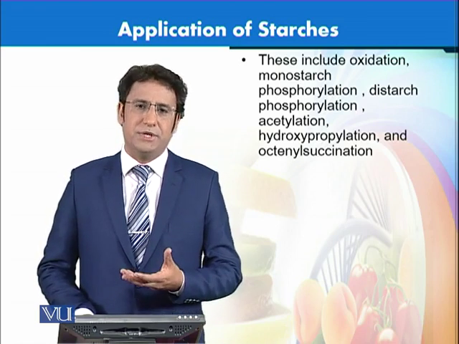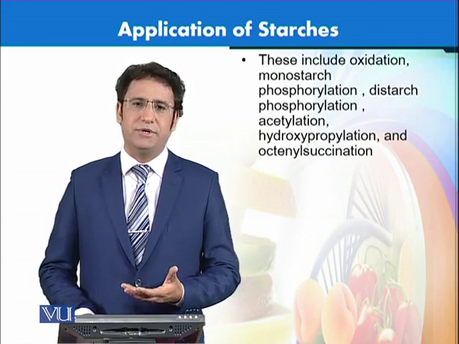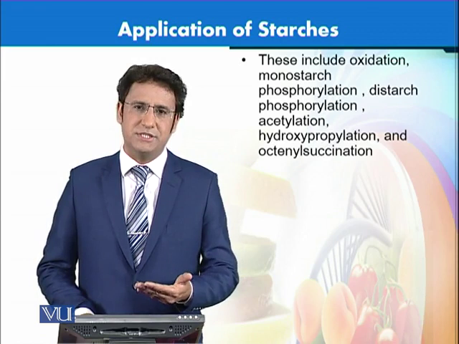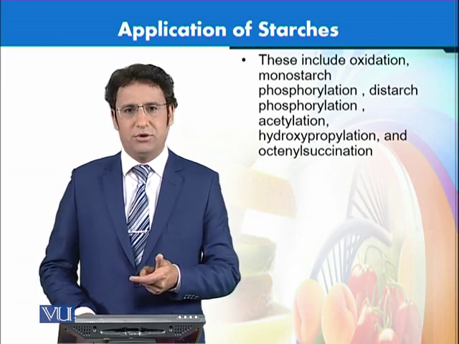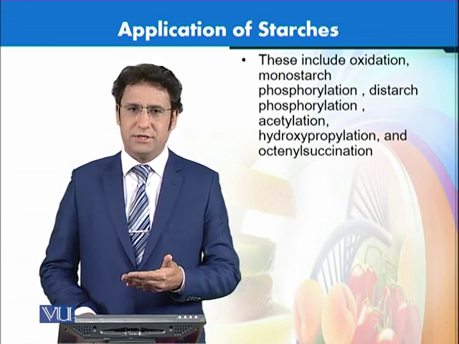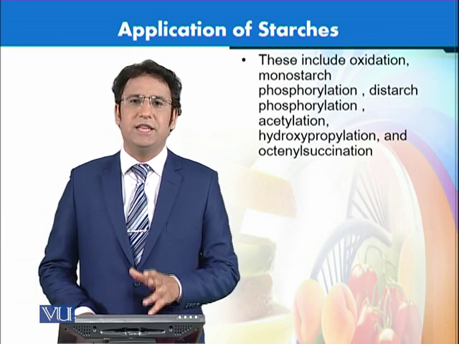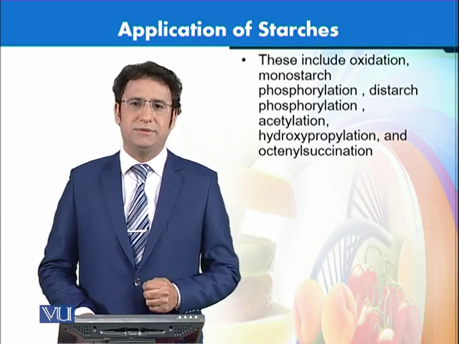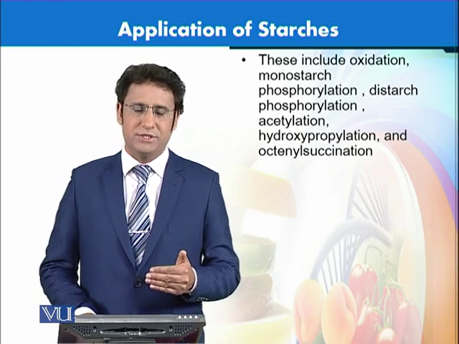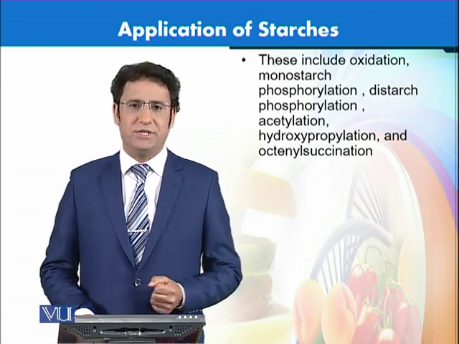These are different chemical modifications introduced into different starches. When starches are modified chemically or through biotechnology applications, they come up with different structures, and these different structures have different applications in the food industry, because these different chemistries have different functions in the end product.